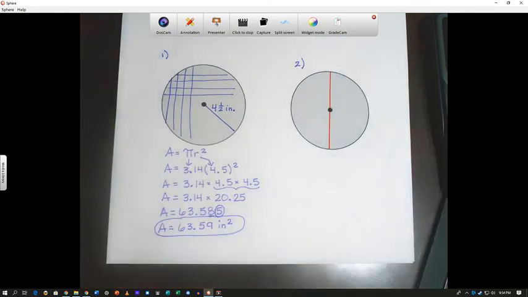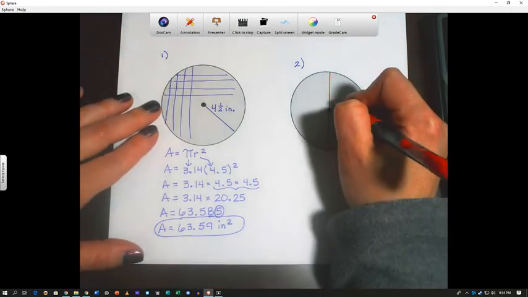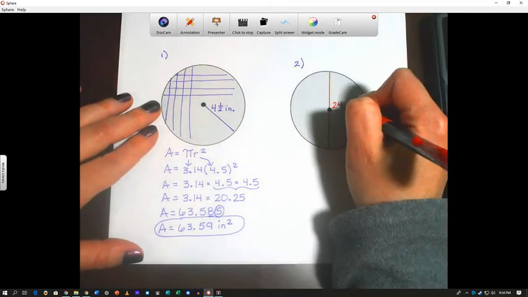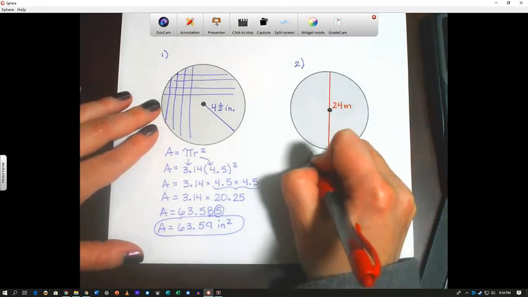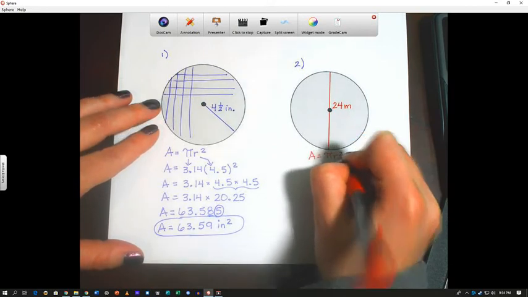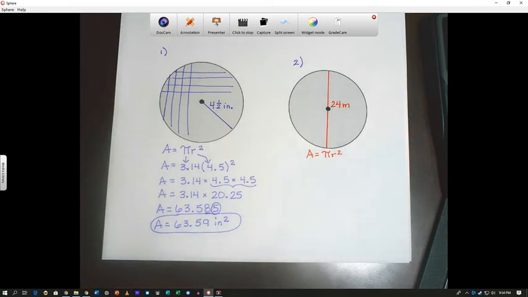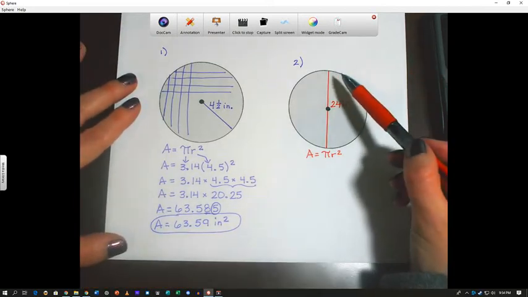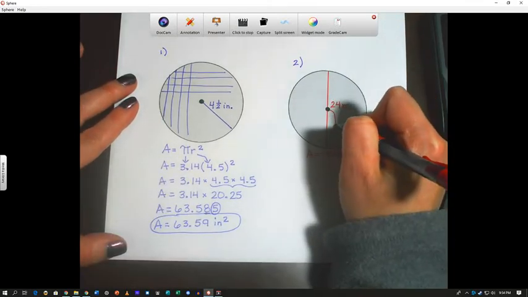So what if I told you that the diameter is 24 meters? Well, the formula for area is pi times the radius squared. And as of right now, I'm not sure about the radius. Can I find the radius if I've been given the diameter? Can I find this distance from here to here?